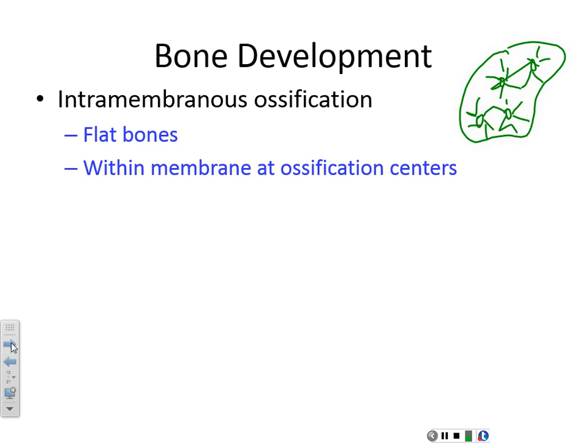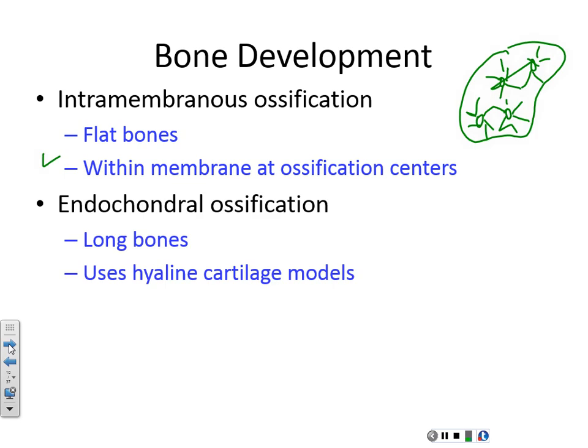Where you have compact bone on the outside, and in the middle, what do you have? Spongy bone, and then it's like a sandwich, like I said last time, with compact bone on the inner layer. So that's within the membrane. Endochondral means inside cartilage, so it grows within the cartilage. You see what I'm saying? Intramembranous is within the membrane.